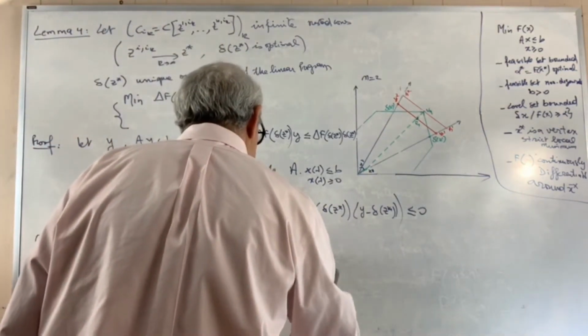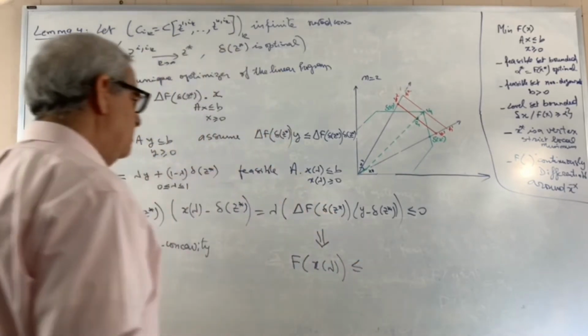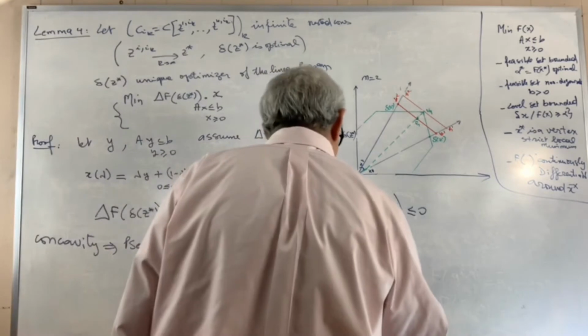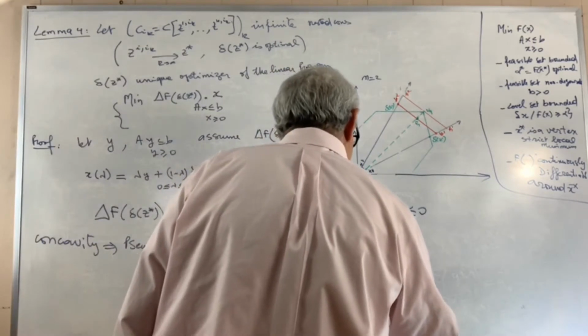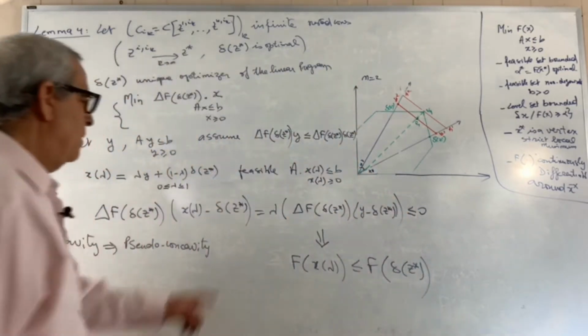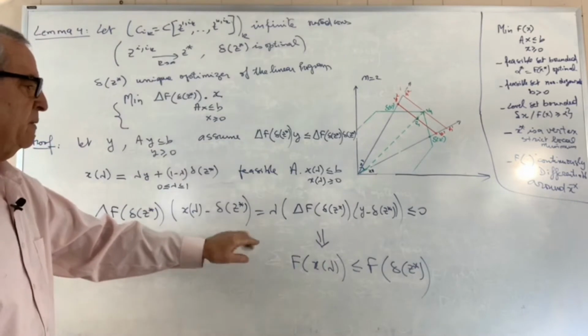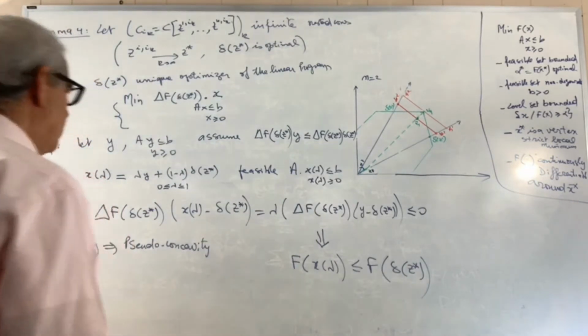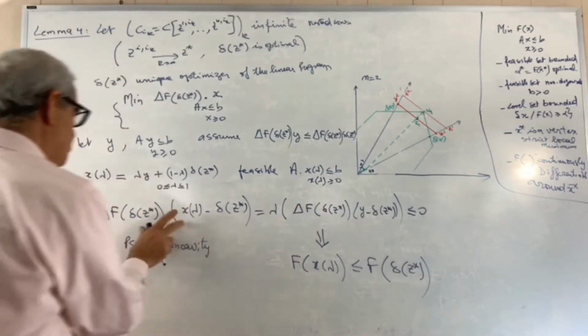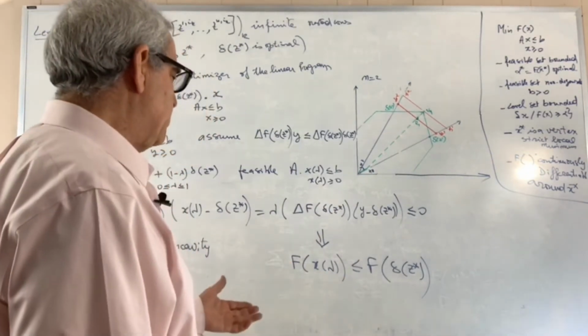So this implies that f of x lambda is less or equal to f of delta of z star. Okay? From here to here is just pseudo-concavity. All right? Since this is less or equal to 0, then the function follows. And this is where the contradiction occurs.